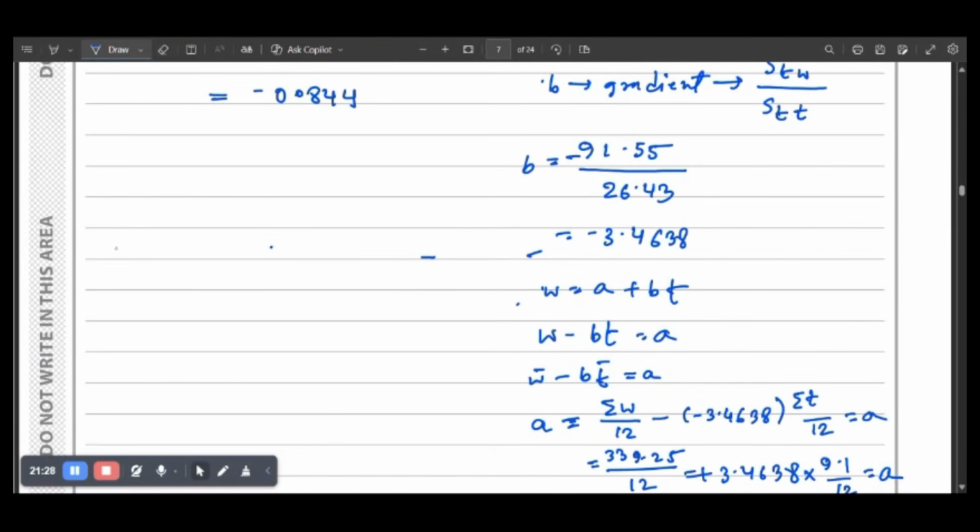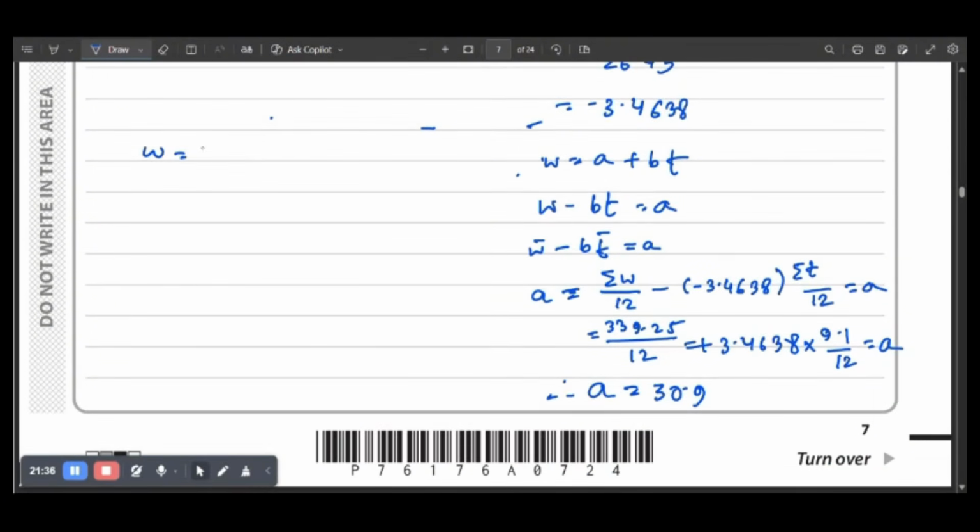So we can write 30.9 minus 3.46 into T. So this is our regression line.